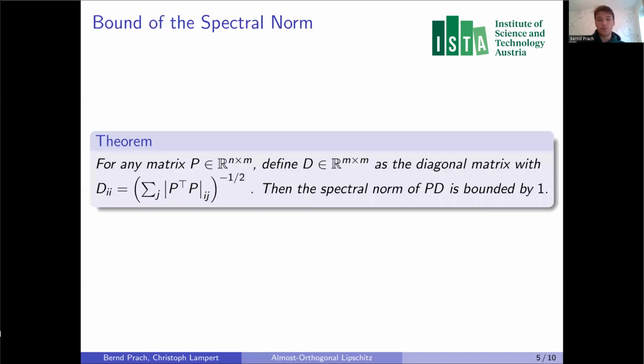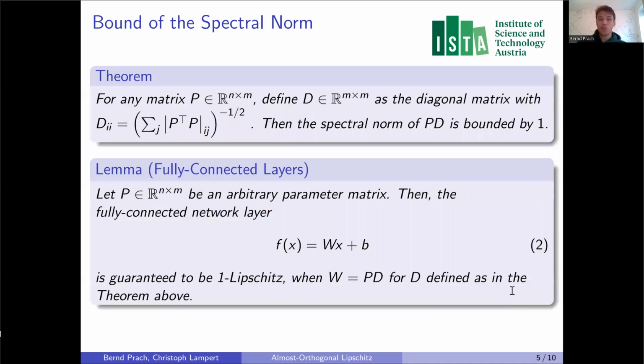In order to create one-Lipschitz layers, we construct an upper bound of the spectral norm of a rescaled matrix. For any parameter matrix P, we define a diagonal matrix D by the term shown. Then we prove that the spectral norm of the matrix product of P and D is bounded above by 1.